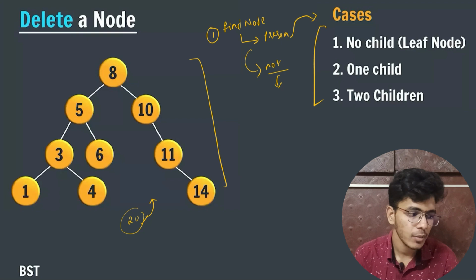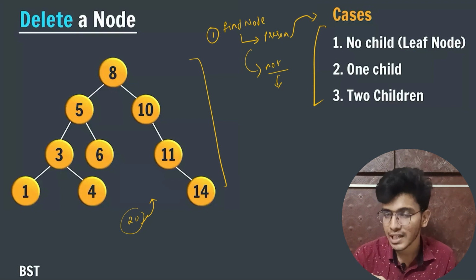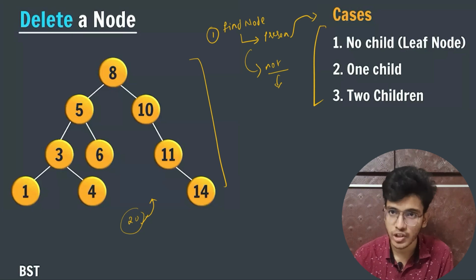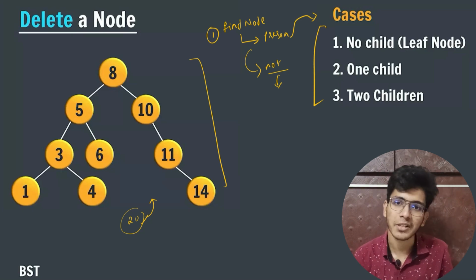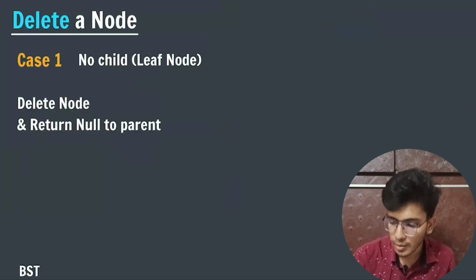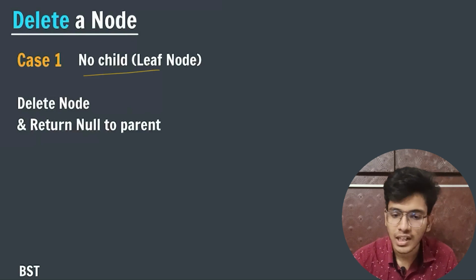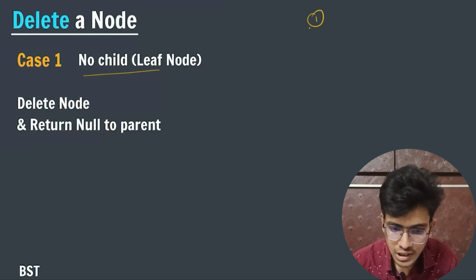And the third will be if it is having both children, a right child as well as a left child, then we will follow a different procedure based on the different cases. Right now let us talk about the first condition, that is the no child condition. Let's say in my tree, this is a tree.